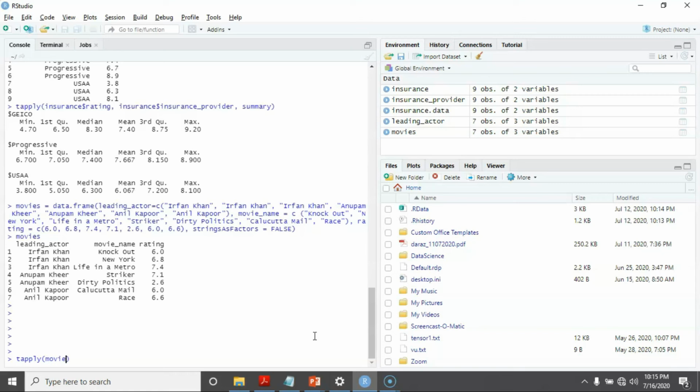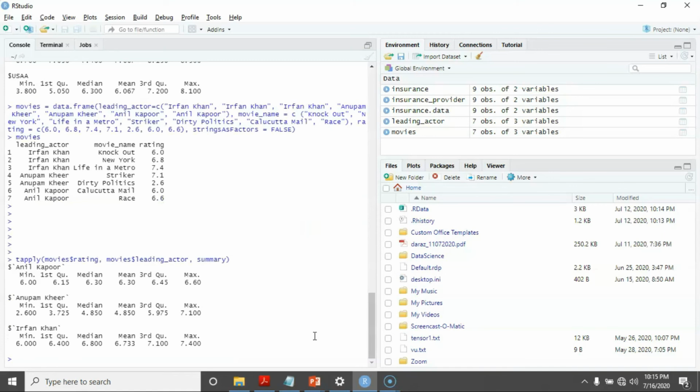So movies dollar rating, comma, movies dollar leading actor rather than movie name, and comma, and we want summary. By the way, RStudio provides auto completion; it is a very simple but really helpful tool. Let me enter this.